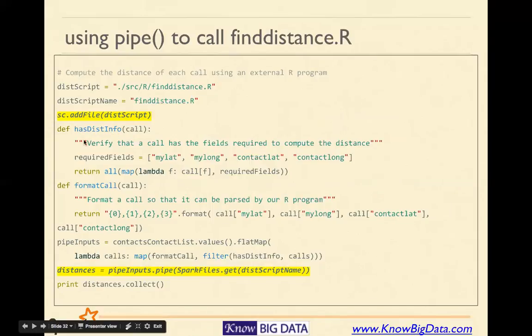Then we define one function. You can see we are saying these are the required fields, and we are saying return map lambda call f required. Here call f means we are calling the function, we are calling f here.